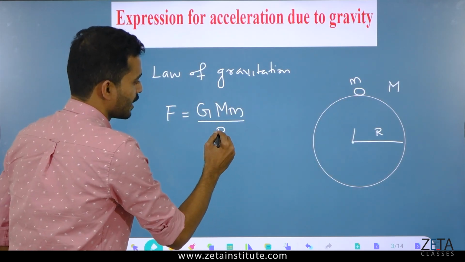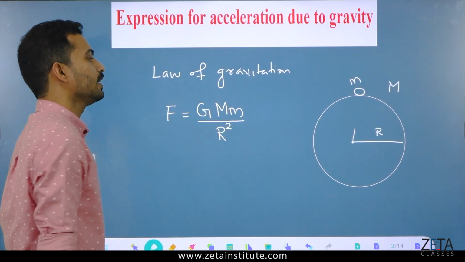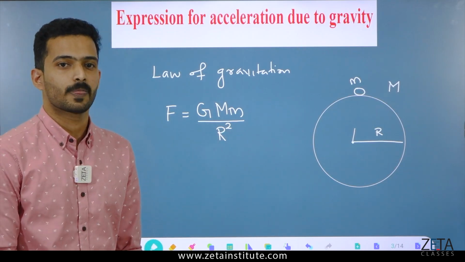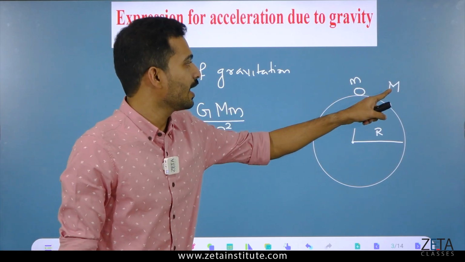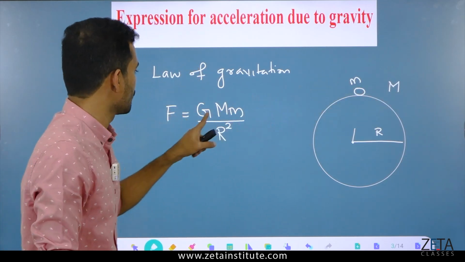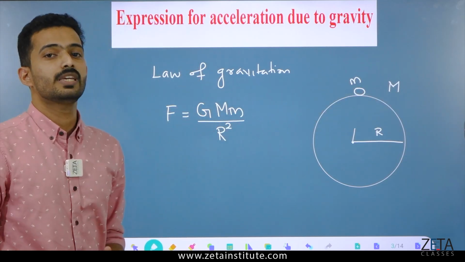So we can write F is equal to G M m by r square.